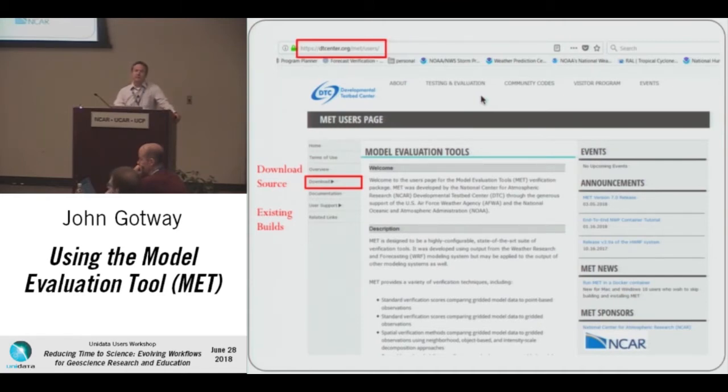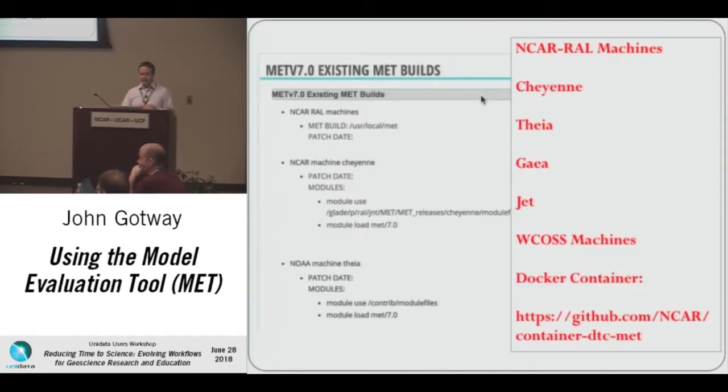So I think it was about a year ago, we've been working closely with folks at NOAA, particularly at EMC. And NOAA has chosen to unify their verification activities on the MET software. So to make it easier for those folks working at NOAA, we have precompiled versions of MET in a variety of places, and they're listed in red here.